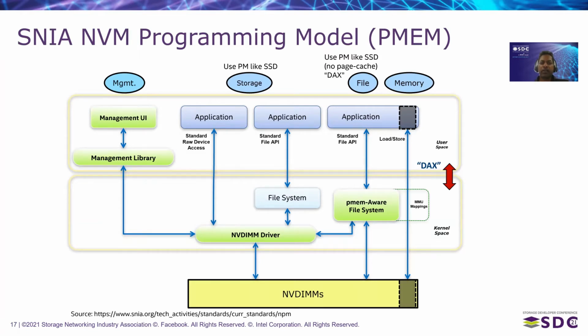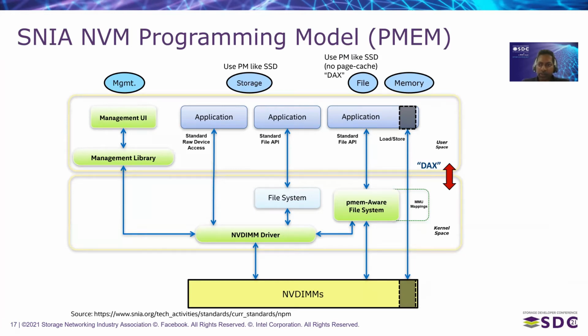On the elements of how you manage different types of memory, specifically the NVM type of memory, and how that gets consumed, how that gets bubbled up through the kernel drivers and consumed in the application, there is a standard spec available from SNIA, which is called the SNIA NVM programming model.